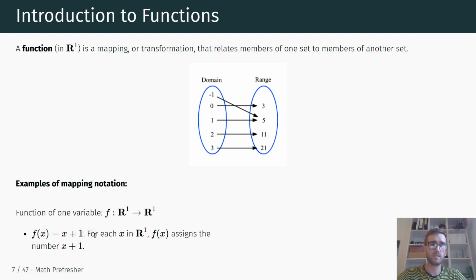So we map each number x to x plus 1, right? 1 is mapped to 2, 2 is mapped to 3, and so on. In other words, for each x in R1, f of x assigns the number x plus 1, and every x in R1 has a unique mapping.